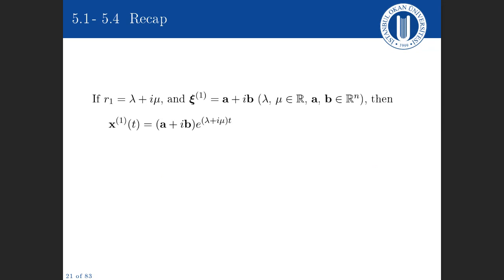First of all, some notation. Let's suppose our eigenvalue is lambda plus i mu, and let's suppose our eigenvector is a plus ib. Here, lambda and mu are real numbers, and a and b are real valued vectors.